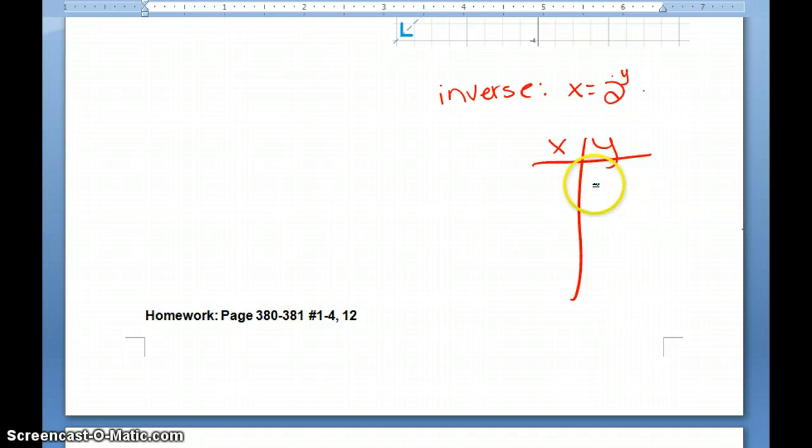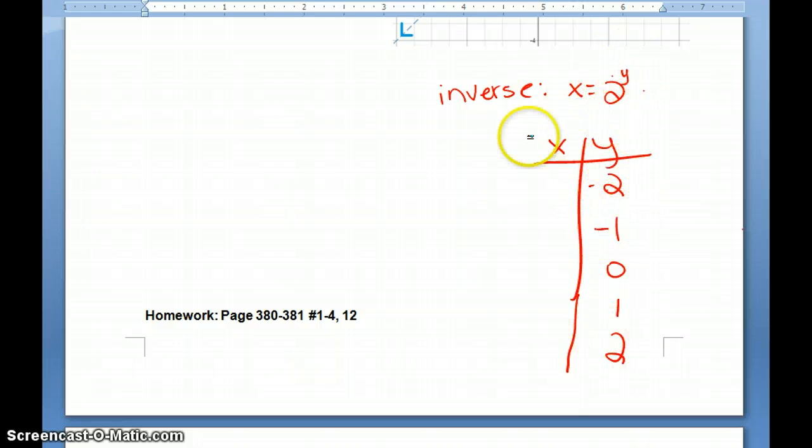So for that one, let's just choose your typical values that you would choose for any graph. Let's go with -2, -1, 0, 1, and 2. Let's just pick those ones at random. And then we're going to plug all those y values in for y, and solve for x. So we'd have 2 to the power of -2, which is equal to 1 over 4.